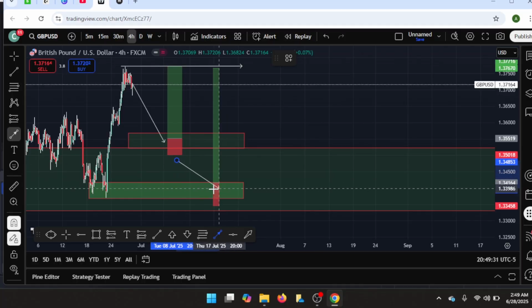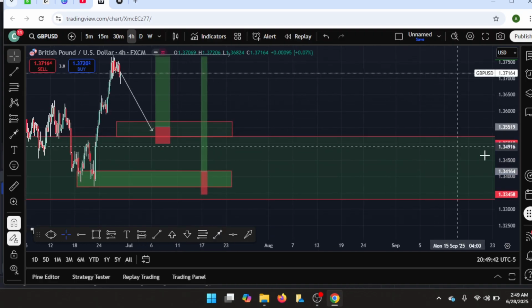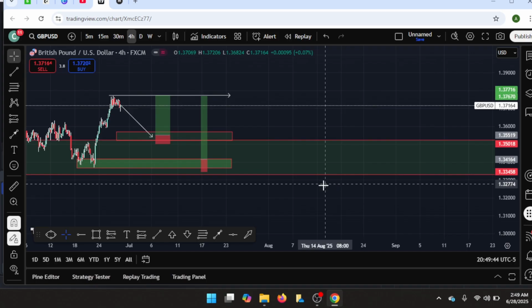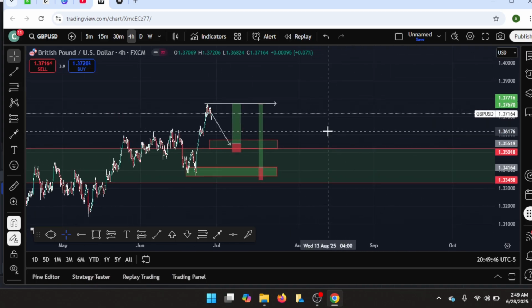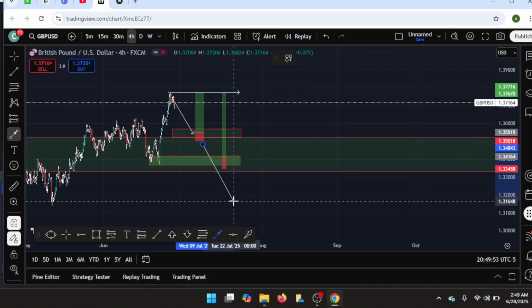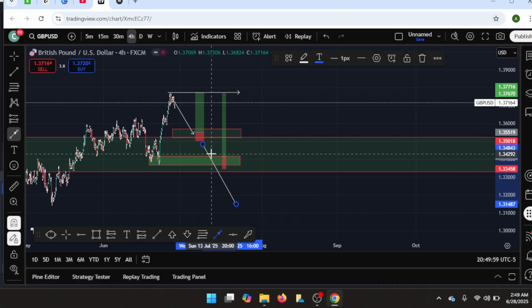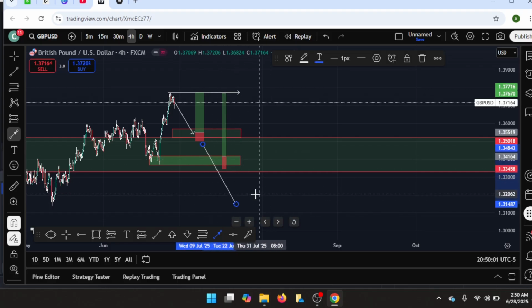So when it comes to this zone, I take my second entry. If it takes me out for a loss, I'm done for the day. That is how this simple strategy has helped me. And if it takes me out all the way, it breaks this zone, at this point I'm no longer looking for a buy. I'll be looking for a sell.